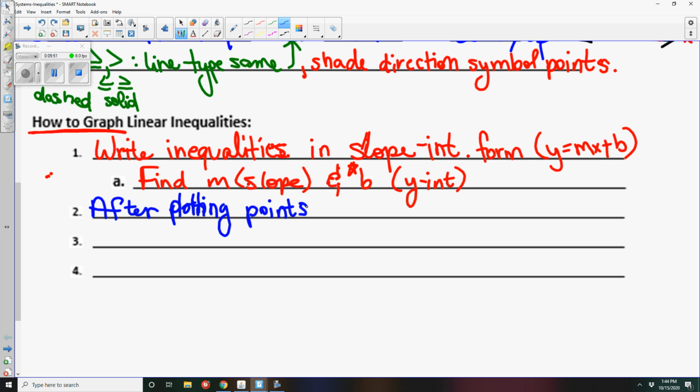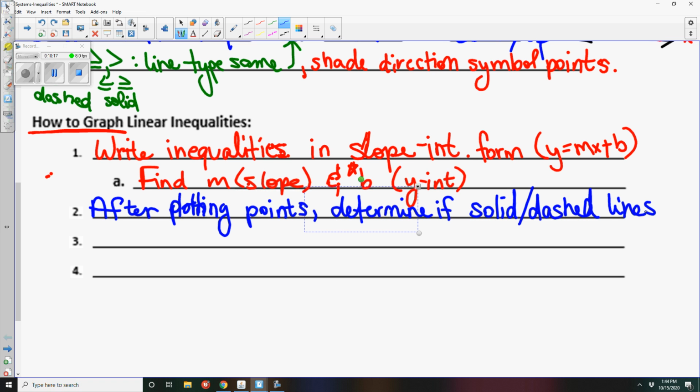So after plotting points, determine if solid or dashed lines. Okay? You figure out what line you want. You realize it's supposed to be dashed lines. You make dashed lines.